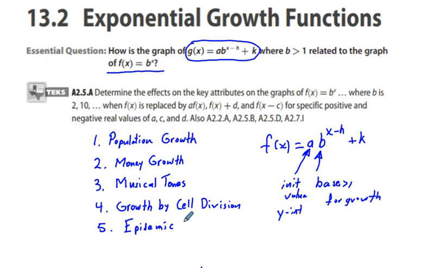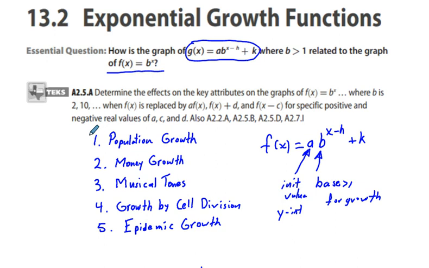Now, right now, at least in my part of the world, this epidemic is experiencing exponential growth. Eventually, that's going to change to what we call a logistic function, but that's very much in the news right now and very relevant.